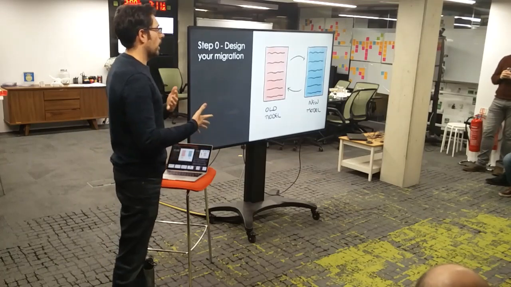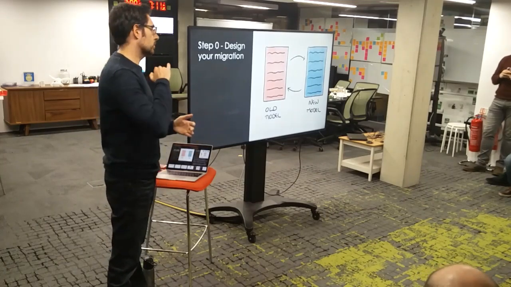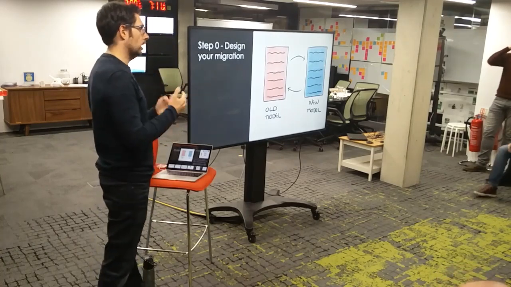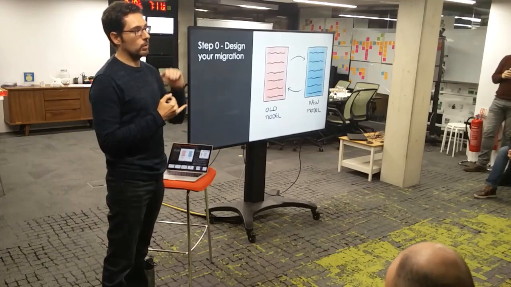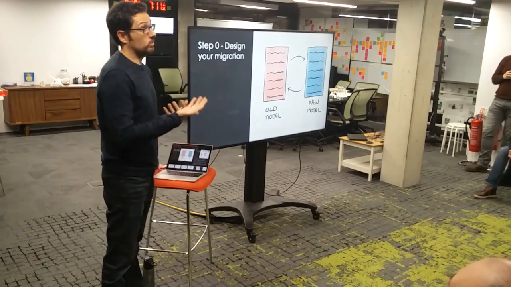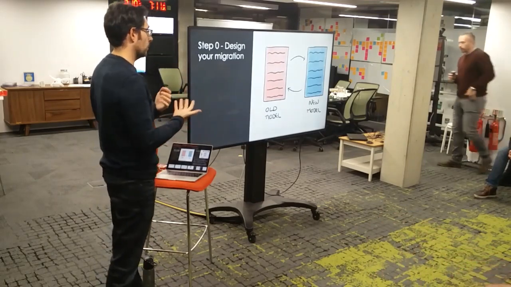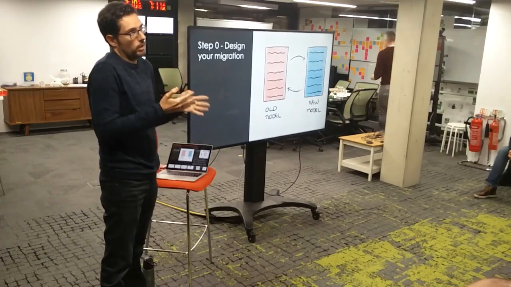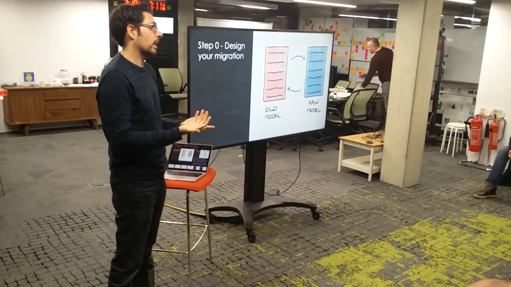Okay. So apart from doing that, I'm also saying that you should think on the reverse. How can I convert data from new down to old? And actually, that's easier because normally your new model is going to contain more data.